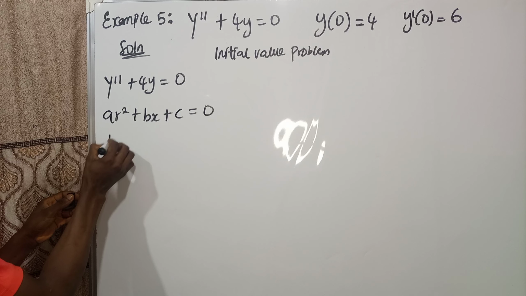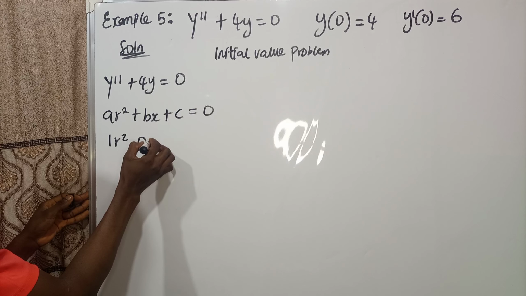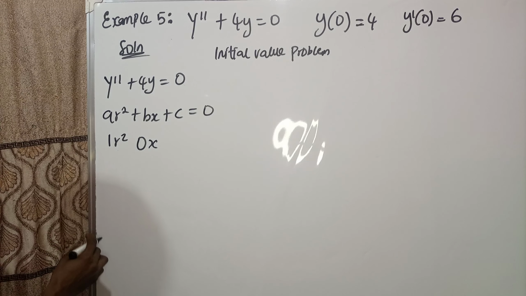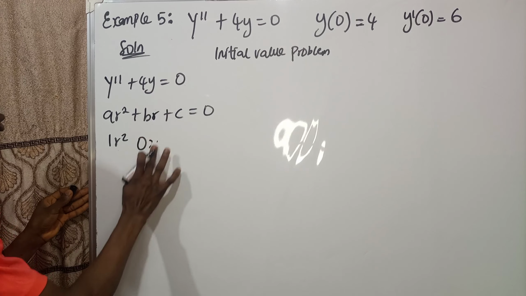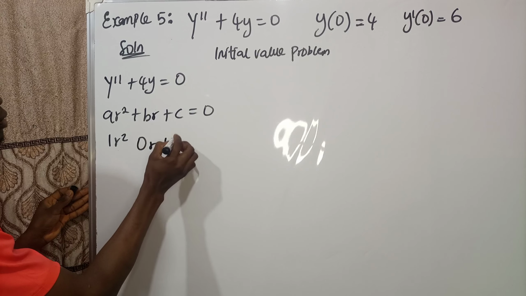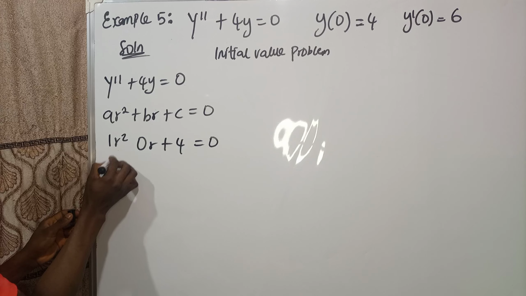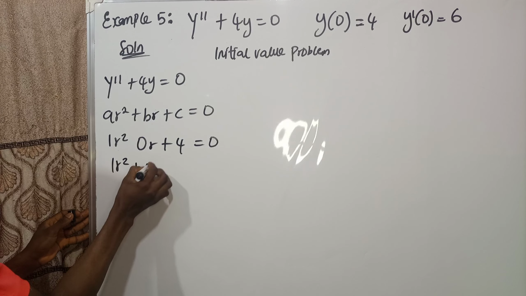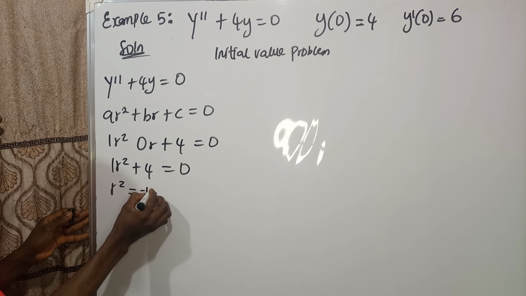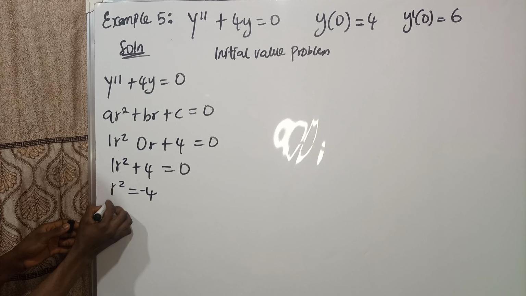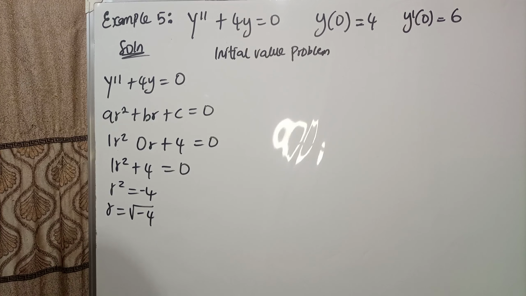So our a here will now be 1 r squared, our b will now be 0r, plus our c will now be 4 is equal to 0. So we have 1 r squared plus 4 is equal to 0. So r squared is equal to minus 4, right?